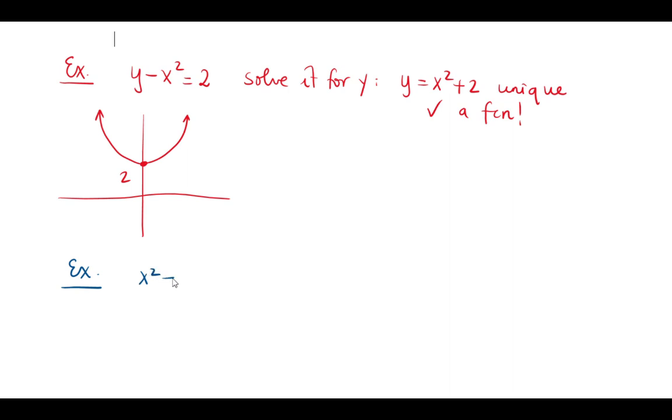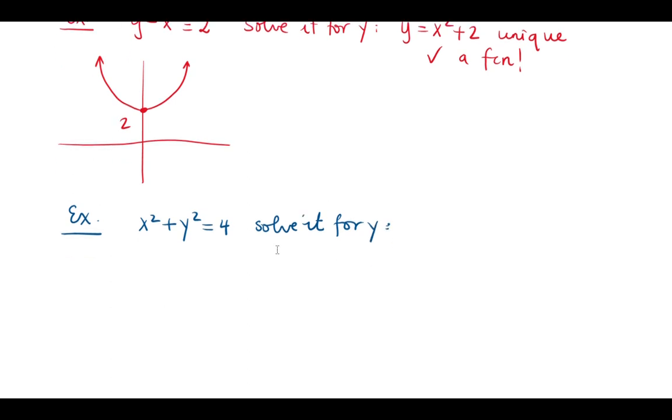But look at this example: x squared plus y squared equals 4. Now let's solve it for y and see what happens. If you solve it for y, you get y squared equals 4 minus x squared. I can move that x squared to this side as negative x squared.